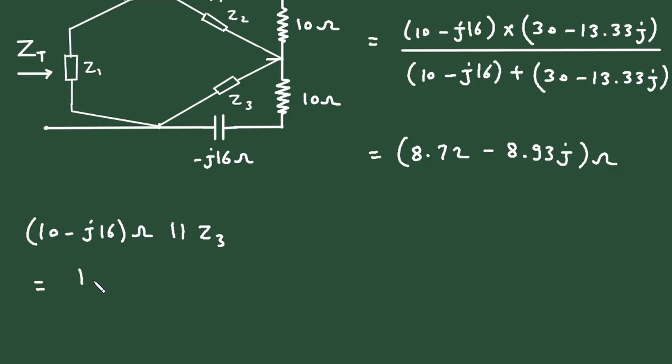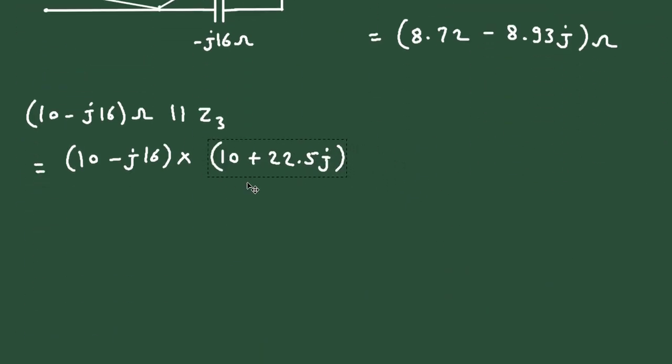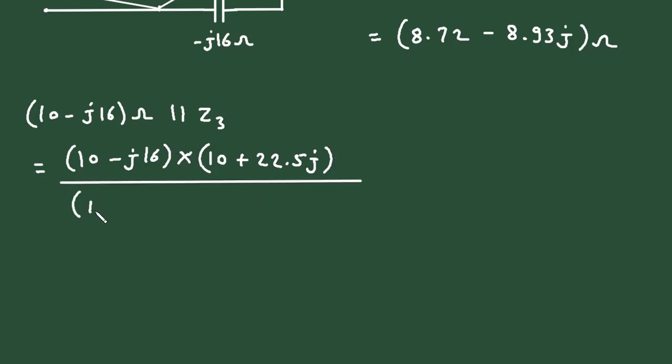So if we solve this, it will be 10 minus J16 multiplied with Z3. So Z3 value is this much. Let's copy it from here. Divided by 10 minus J16 plus this value again.